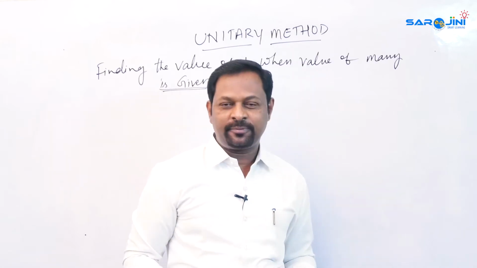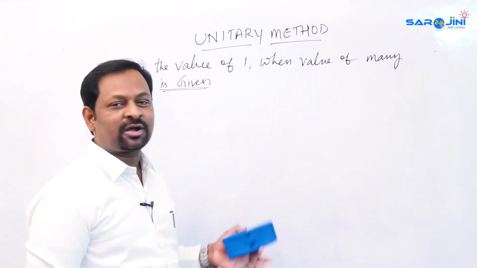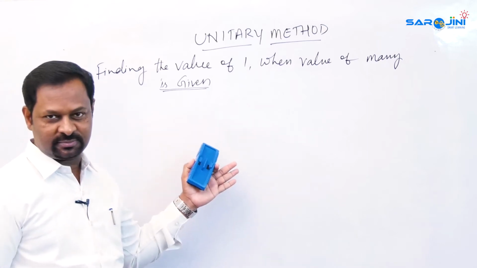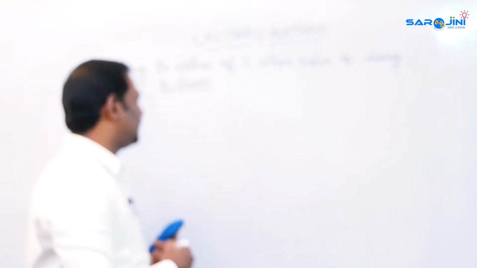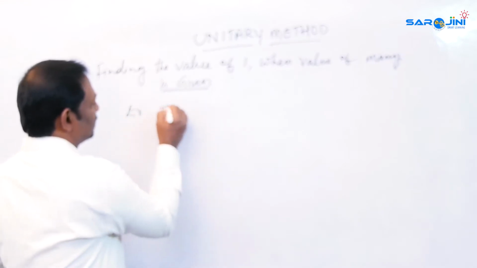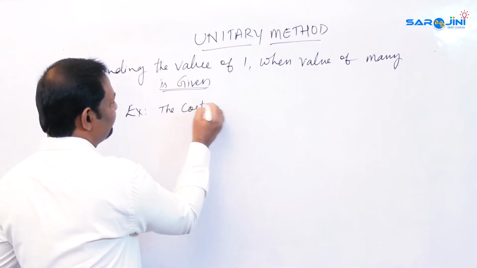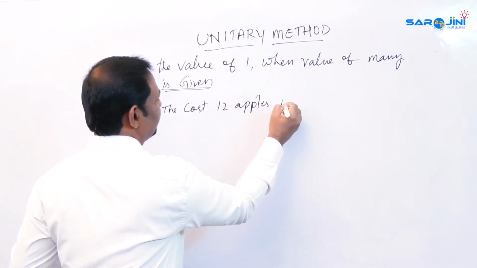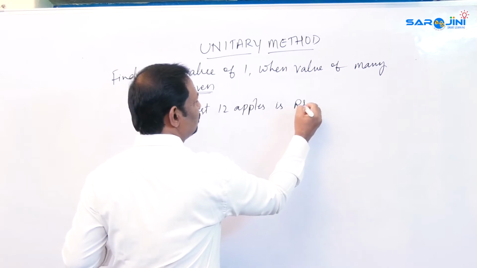So here the first concept. What is the concept? Finding the value of 1. We are going to find the value of 1 when the value of many is given. Like, I take an example. The cost of 12 apples is rupees 60.